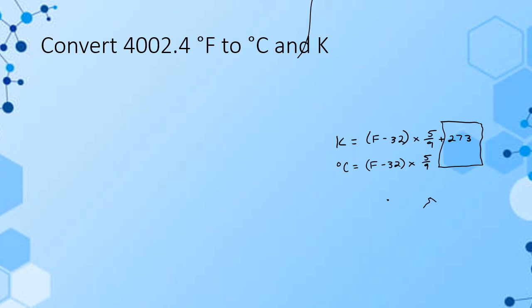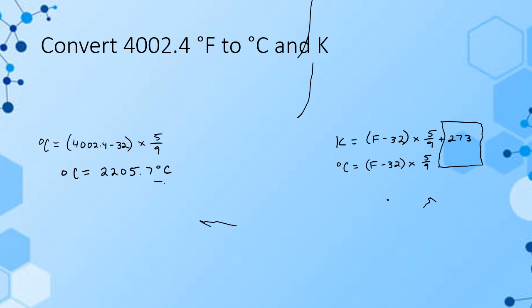So we'll do the degrees Celsius first. Degrees Celsius equals degrees Fahrenheit, 4002.4 minus 32 times 5/9. That's just a simple calculation in our calculator now. 4002.4 minus 32 times 5/9. That comes up to a figure of 2205.7 degrees Celsius.